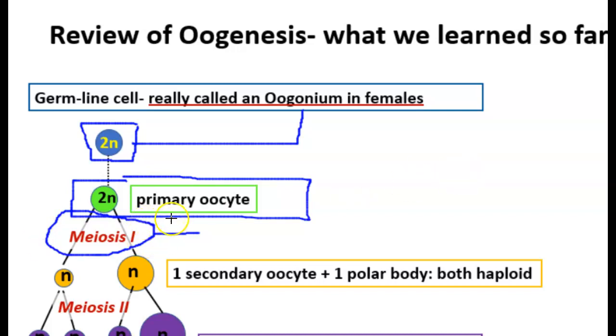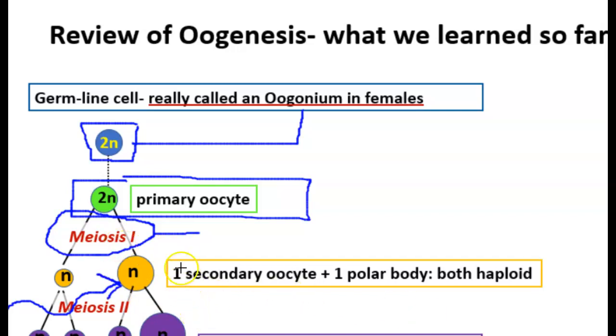And at that point, we can get further progression. Meiosis 1 will complete. Meiosis 2 will begin. But meiosis 2 will be arrested at the metaphase 2 point. And in fact, meiosis 2 will not be completed unless a sperm comes to penetrate the egg.